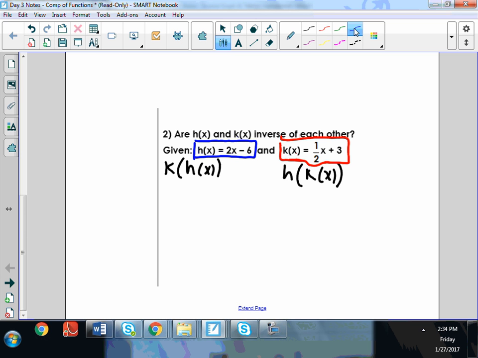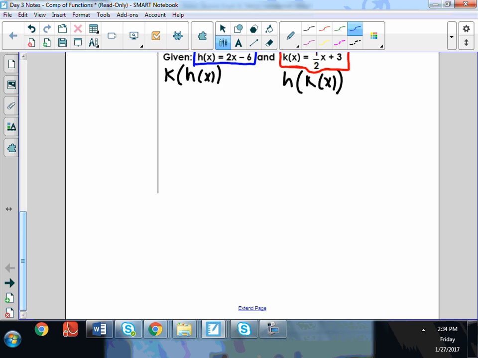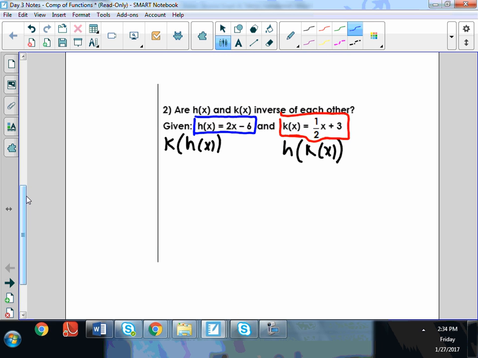An easy way to set this up, because we want to start inside the parentheses, when you see h of x, you're just writing that 2x minus 6. That's what h of x is. Okay, and then we're going to build outside of it. So outside of it is my k.